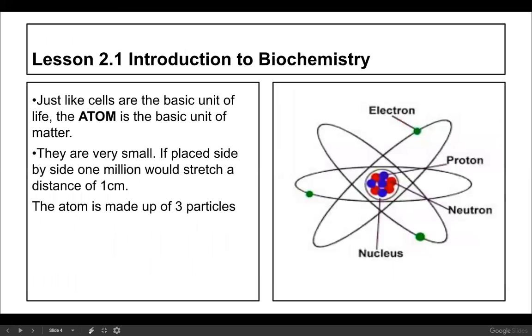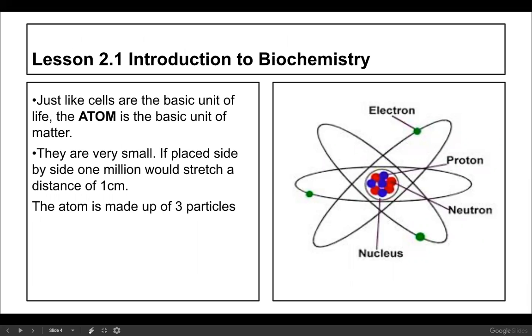Just like the cell is the basic unit of life, the atom is the basic unit of matter. They are very small. If placed side by side, 1 million would stretch a distance of only 1 centimeter. The atom is made up of three major particles.